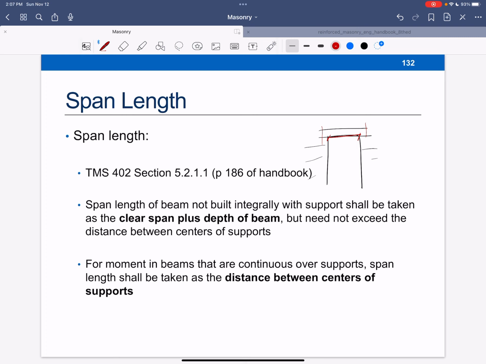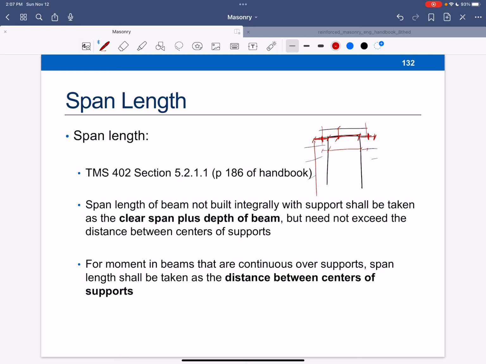So if I've got this beam and it's resting on two supports here, I'd go from half to half. That would be my effective length. If I have it all integrally done, I can do clear span plus the depth of the beam. So that would be this amount plus 1/2 the depth on each side.